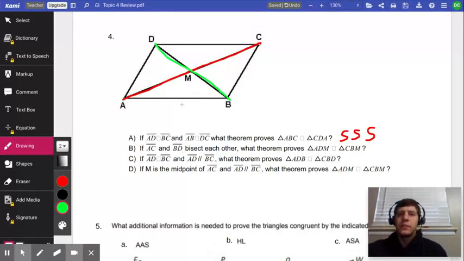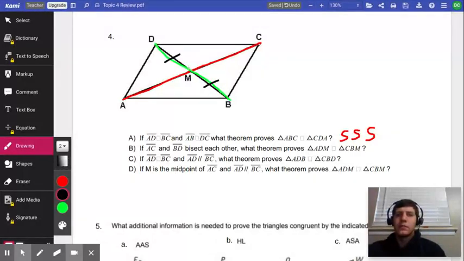So if AC is going to split BD here in half, so if the red line splits the green line in half, we know that MD is going to be congruent to MB. Okay, and it says they bisect each other, so BD also bisects AC. So BD, here the green line, will also bisect AC.